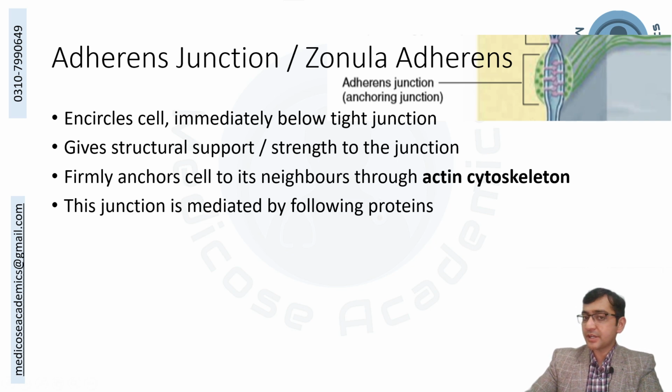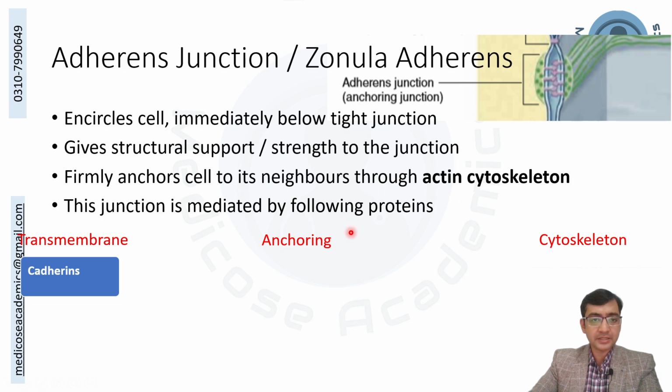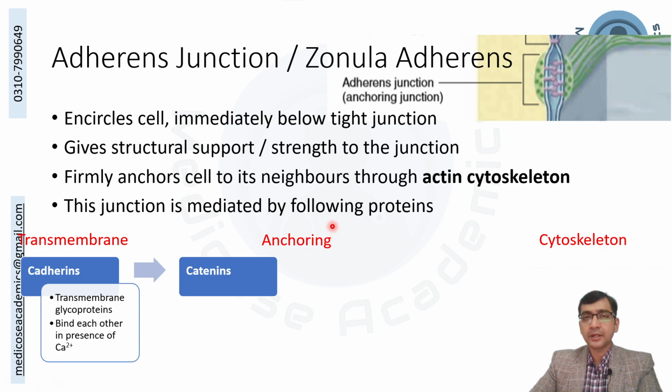Then this junction is mediated by the following proteins. As you saw, there will be a transmembrane component, an anchoring component, and then a cytoskeletal component. The transmembrane components in this case are called cadherins. These are proteins that bind to each other in the presence of calcium. Extracellular domains of cadherins of neighboring cells join with one another in the presence of calcium.